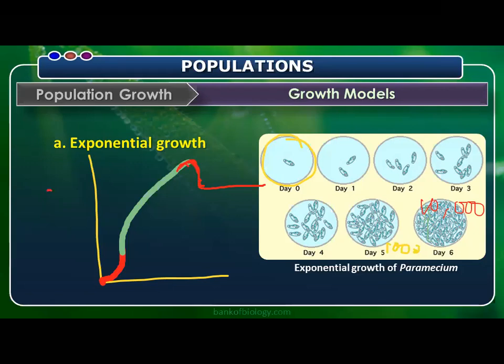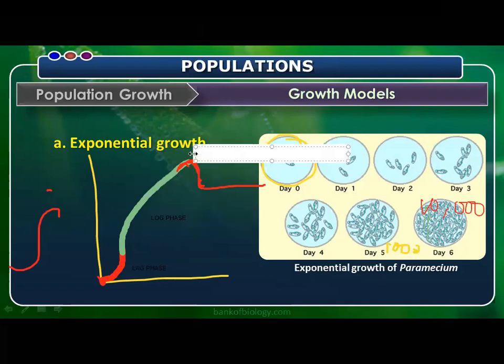So, nearby we get a sigmoid shaped growth curve. Let me say once again, this is a very, very important concept and application. The red line shows the lag phase, that is the initial adjusting phase. Next, when they get adjusted to the respective conditions, the logarithmic phase, positive acceleration phase, they increase maximum.